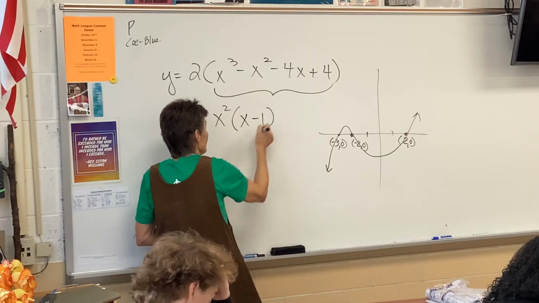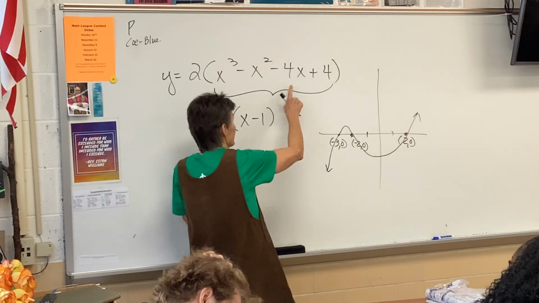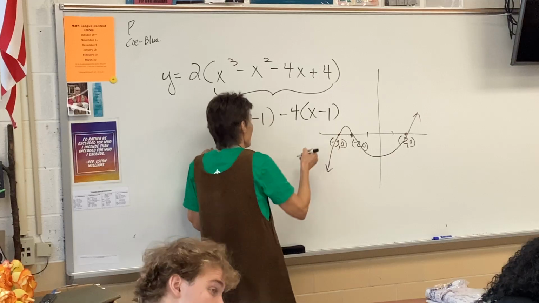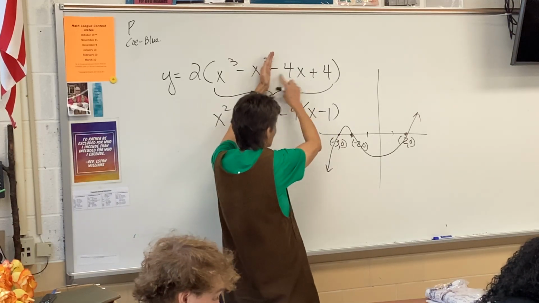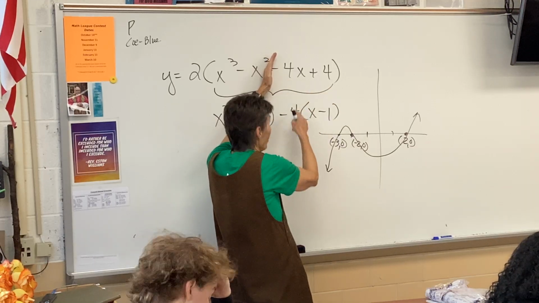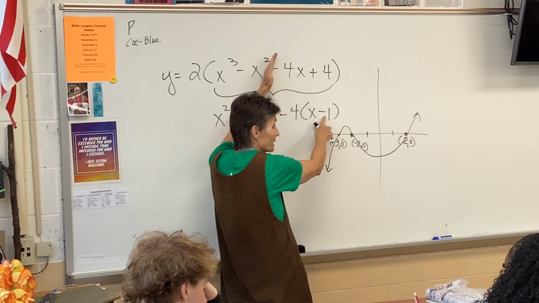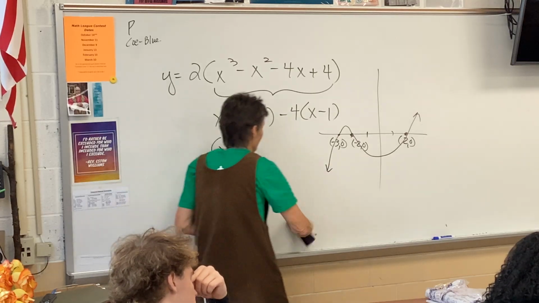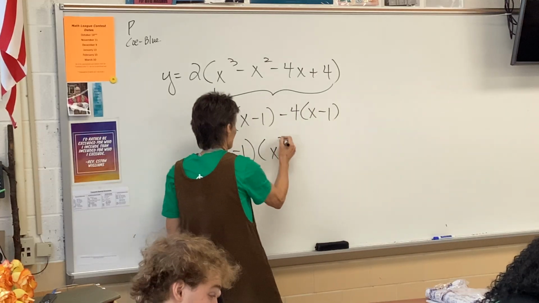X minus 1. What am I gonna take out here? -4, very good. I know we talked about this back in chapter 1, but if you're gonna factor these 2 terms, if that's a negative, take out the negative. Always pull out the negative. And then that will change that to a minus. And then we have our common term. And x squared minus 4.